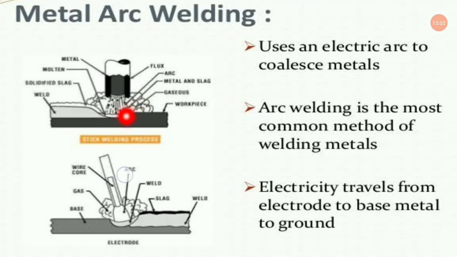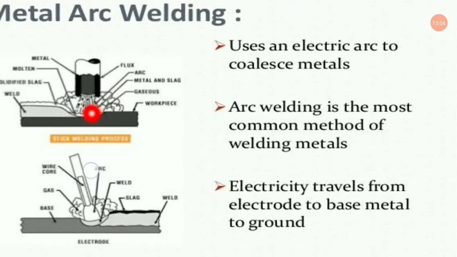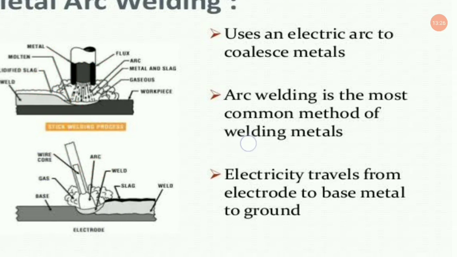The immense heating, here the metal becomes melted, and a pool of molten metal is being created. So this is the workpiece, this is the gaseous atmosphere, this is metal and slag, this is the arc being produced. This is the flux, and this is the metal, this is the molten metal, this is the solidified slag that is collected over the welding, and this is the weld.